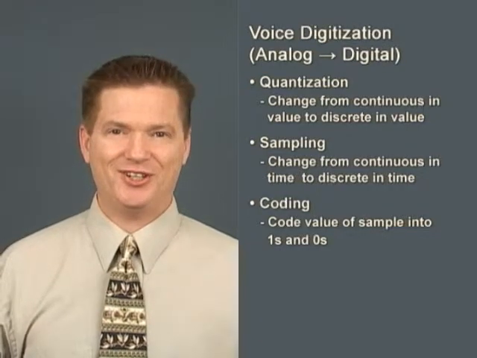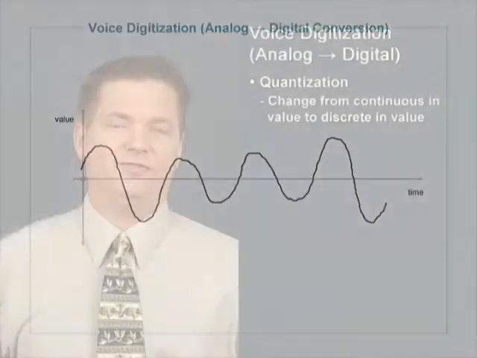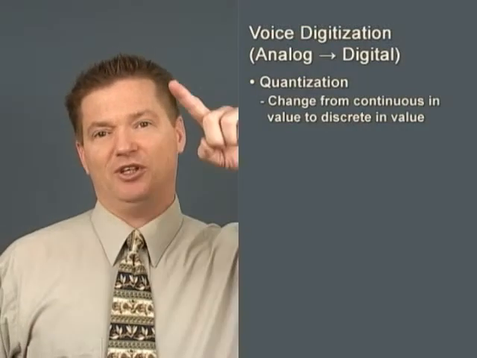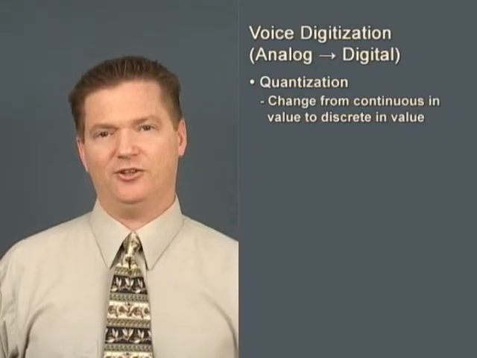What is quantization? Well, look at this wave here. This could be, for example, the voltage on the wires while you're talking on the phone. And you can see that it's continuous in value. It can take on any fractional value it likes, and it's continuous in time. There's always a value on the wires. We're not turning it on and off. The first step is changing this from being continuous in value to being discrete in value.